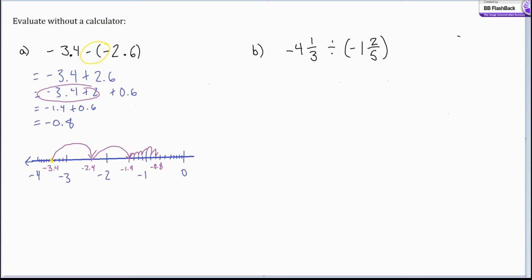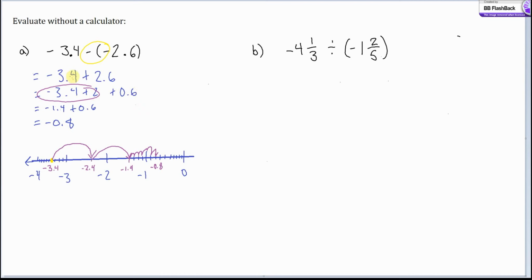Are there any other ways that we could solve this problem? Absolutely. You could use a calculator, except this problem said without a calculator. You could try writing it a different way, working it out a different way. So we split this up into a whole number and the other section.